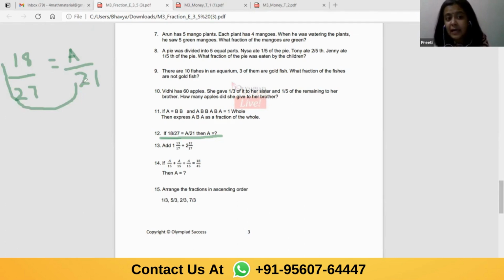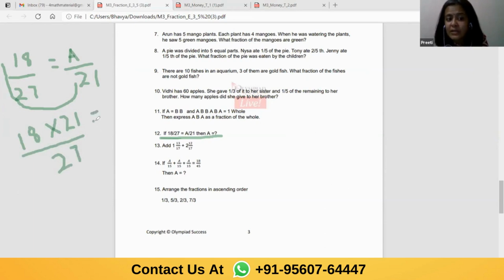So when this 21 goes to left side, it will go in the numerator and it will get multiplied to 18. 21, which is in denominator on right side, when it goes to left side, it goes in the numerator and multiplies with the number which is already there in the numerator.